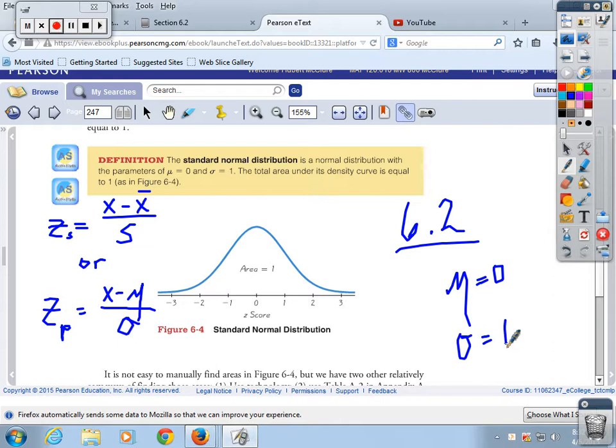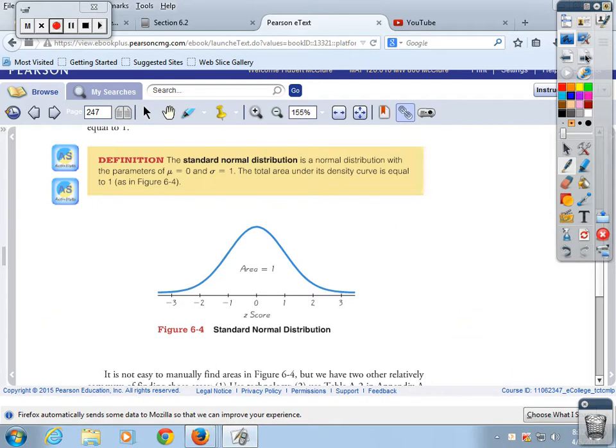All right? What they're trying to get you to do now in 6.2 is learn how to read the table and learn how to use your calculator. I'm going to show you both. Now, first of all, in your book, those of you that have a book, go ahead and turn to A2 in your table, and I will see if I can find it in here.